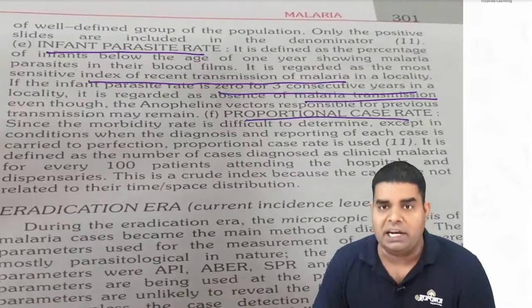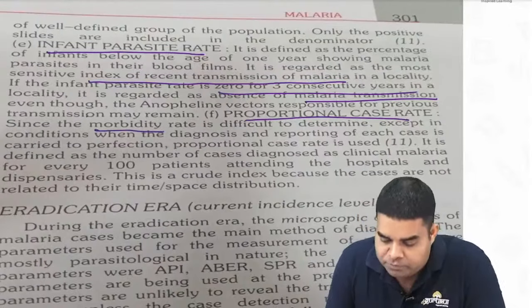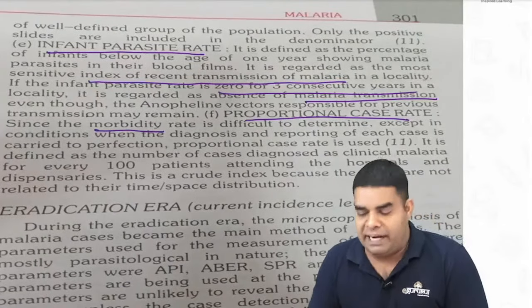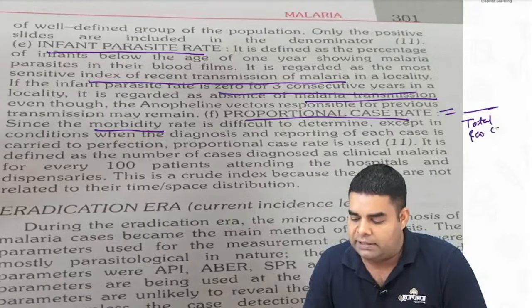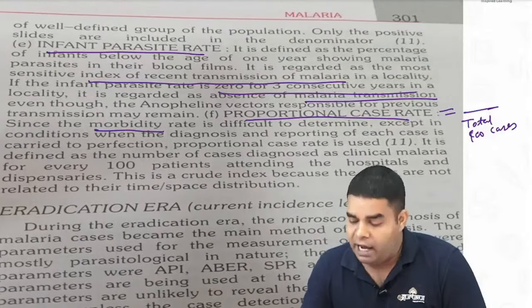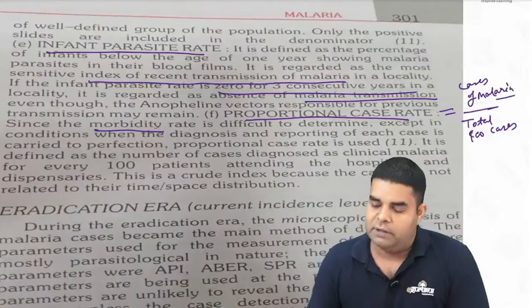Then next is proportional case rate. Proportional case rate tells about morbidity. Proportional case rate, what does it mean? It means that out of total 100 cases, how many are cases of malaria? How many cases of malaria occurred?